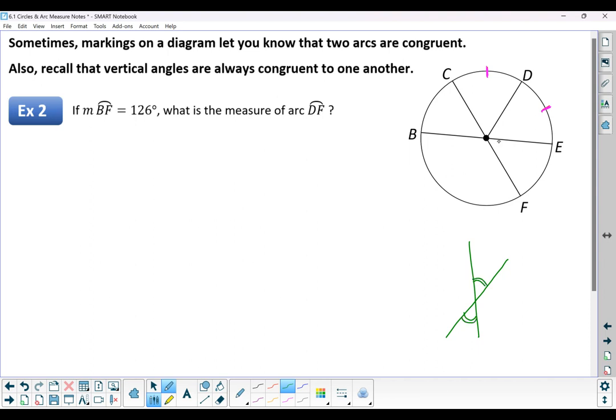So in this diagram, we also have these vertical angles, and that means that arc EF is going to be congruent to arc CB. So let's see what we can figure out about this diagram. It says the measure of angle BF is equal to 126 degrees. And our goal is to figure out the measure of DF.